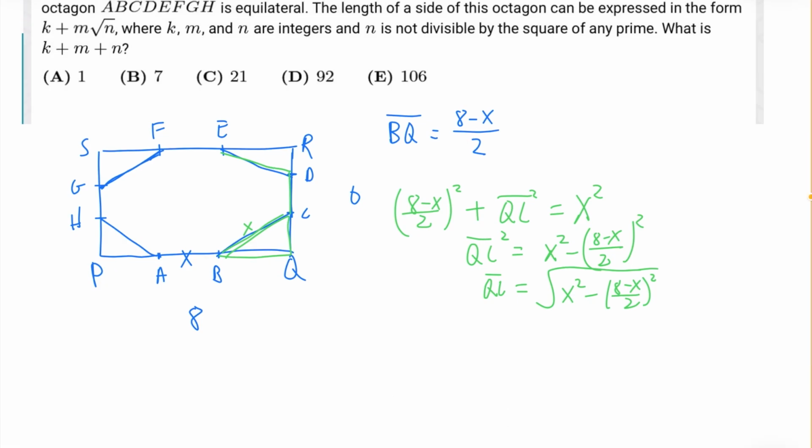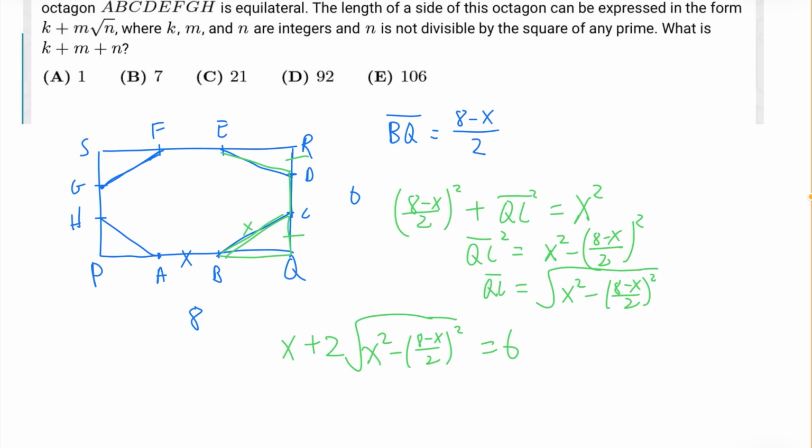Since QC equals DR, these two are the same, we can say that x plus 2 times the square root of (x squared minus ((8 minus x) over 2) squared) equals 6. Essentially this is the same thing as BQ times 2 plus x equals 8.